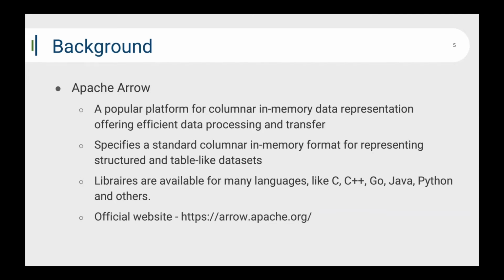Now it has been widely adopted in the cloud computing and big data analysis community due to its high performance. In addition, Apache Arrow libraries are available for many languages like C, C++, Go, Java, Python, and so on. This is the official website of Apache Arrow.